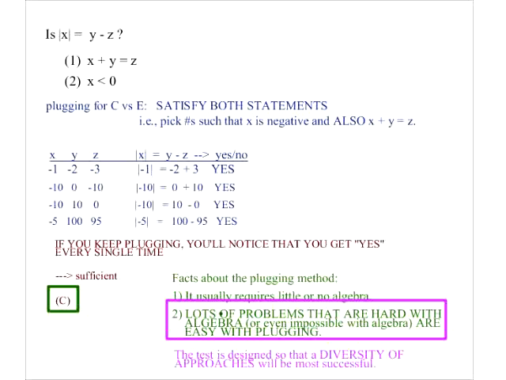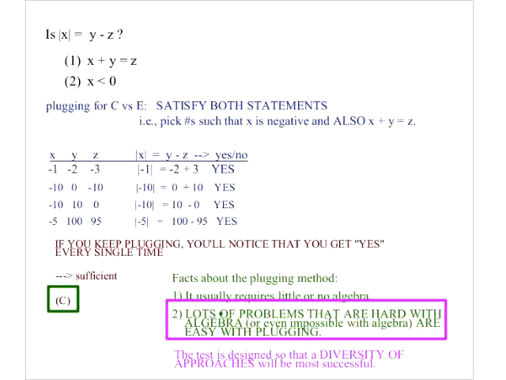In other words, if you just approach it with algebra all the time, you will not do that great. If you just approach it with plugging all the time, you won't do very well either. But if you approach the test with a mixture of strategies and you can go back and forth between them, then you'll get your best result that way. So keep this in mind.